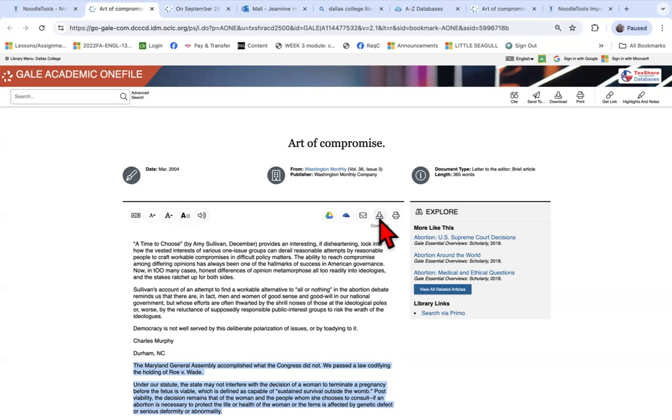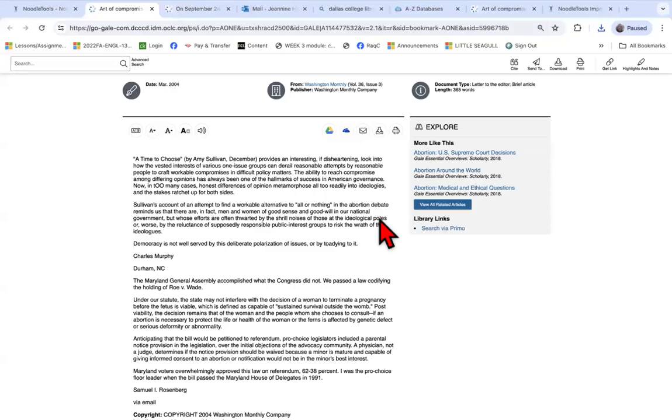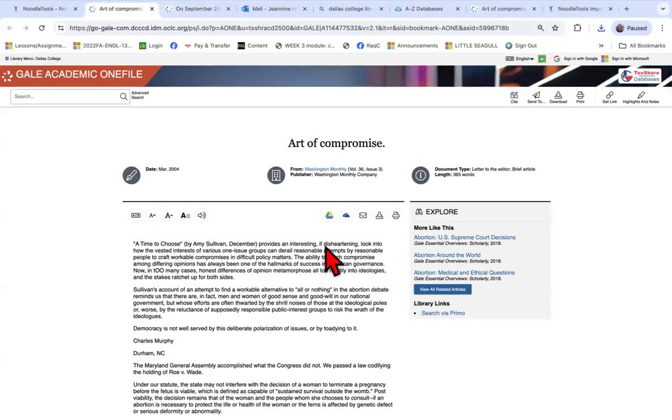Okay, let's go back over here. What I'm telling you is it says that it's pages 3+. So you're going to have to look at the document and find out which page that's on.